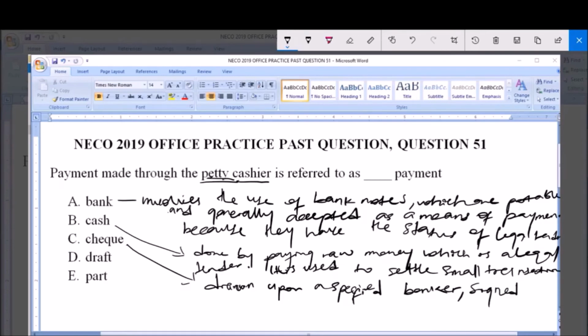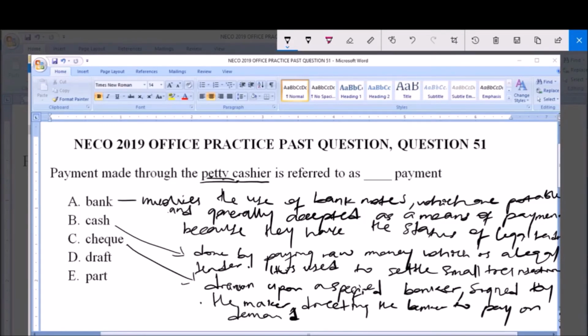That is, this check must be signed by the maker, directing the banker to pay on demand a certain sum of money only to the order of the person.